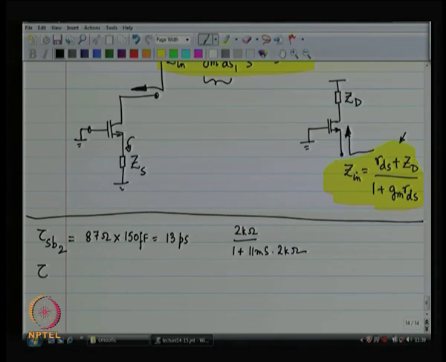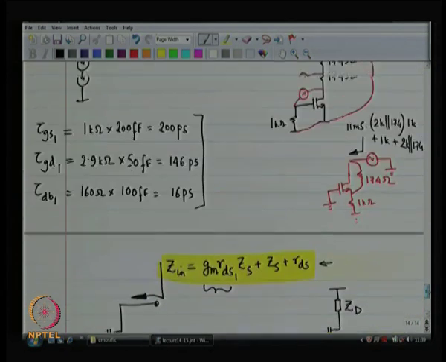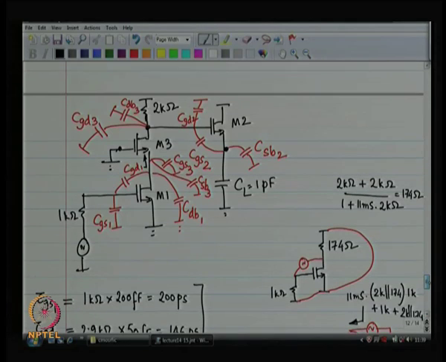Picoseconds. What about the load? It will be the same computation. You will get about 87 picoseconds. Okay. So let me mark out whatever we have done.